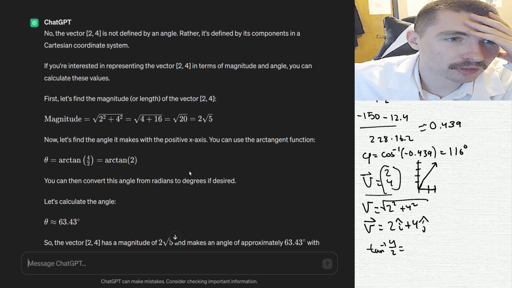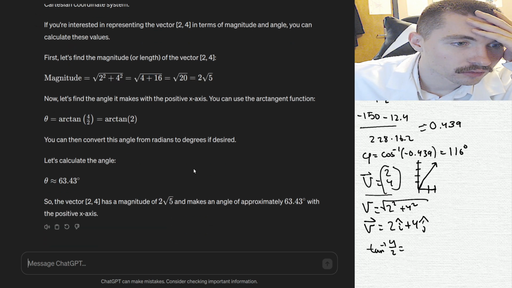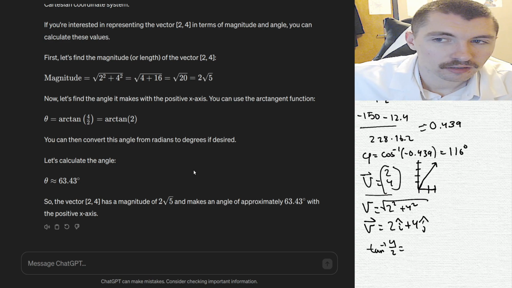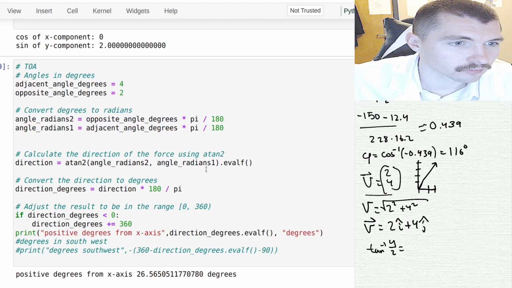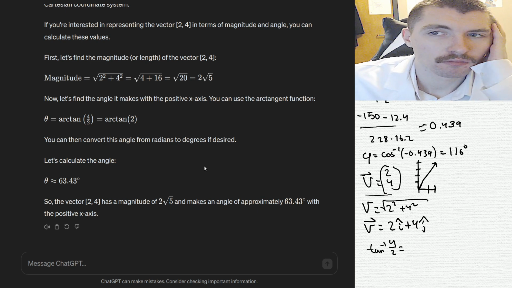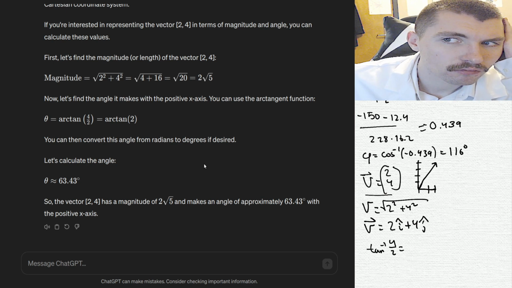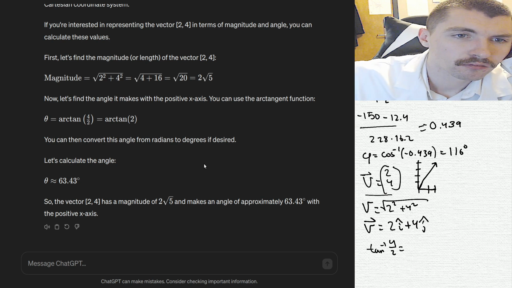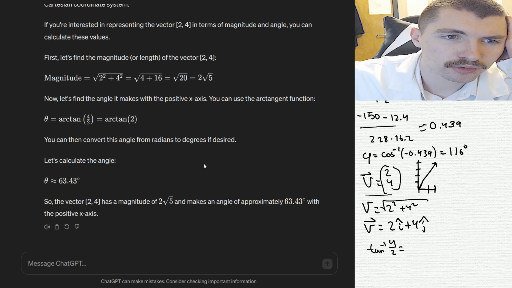Let's find my components. 63. For 2, 5, it doesn't say where they use the 2, 5.